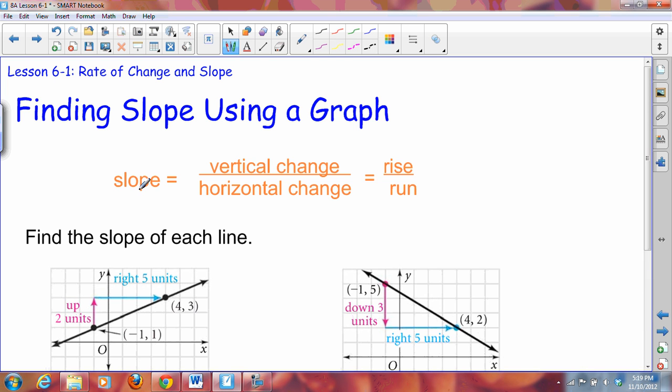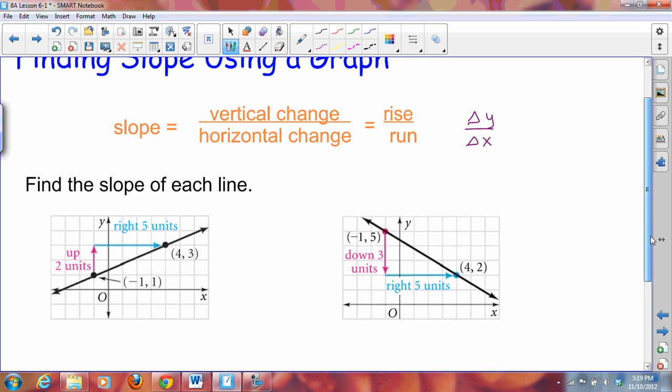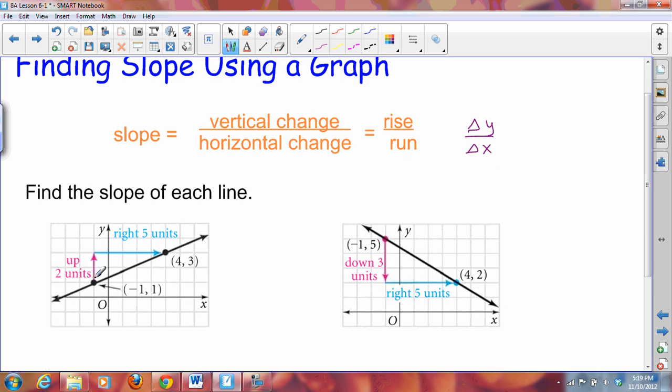Okay, slope, as I've said, is vertical change over horizontal change, or rise over run, or change in y over change in x, right? Okay, so to go from this point to this point, I'm going to go up 2 units, and I'm going to go to the right 5 units.